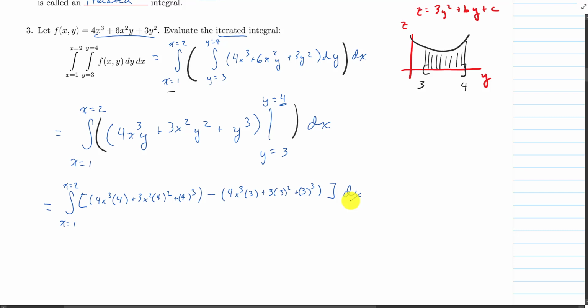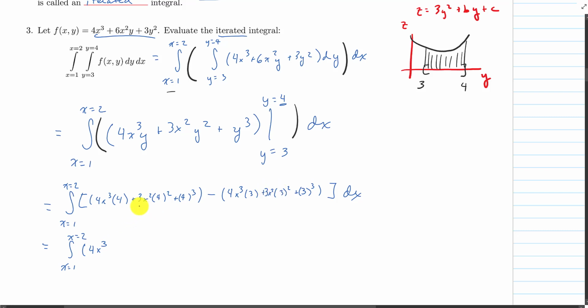Okay, so let's see here. This is the integral from x equals 1 to x equals 2. So notice that this gives me 16 x cubed terms, but I'm going to subtract from that 12x cubed terms. So that's going to leave me with 4x cubed terms. This is going to give me 48 x squared terms. And I'm going to subtract from that, oops, it looks like I dropped an x squared there, folks. 3x squared.